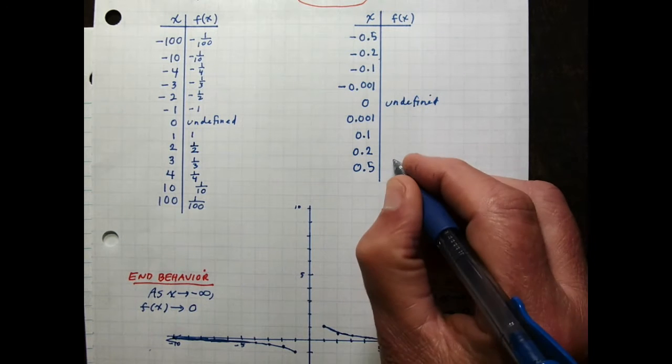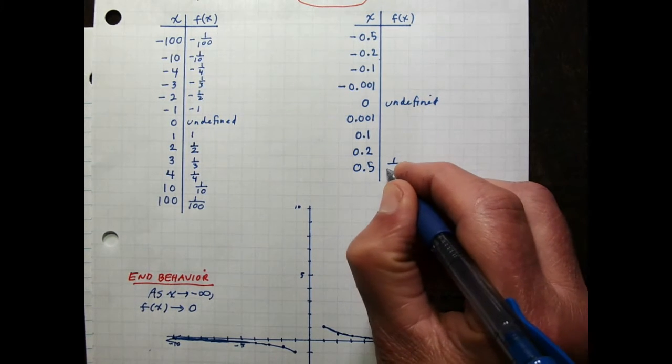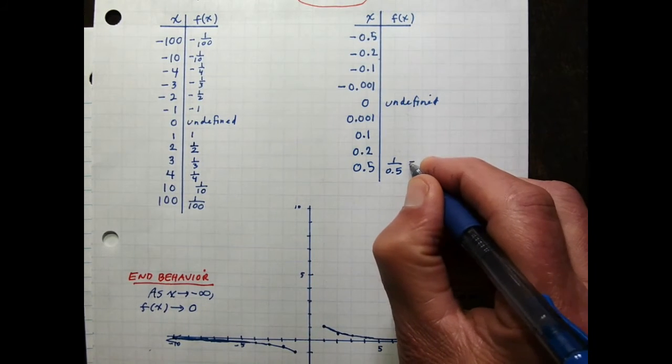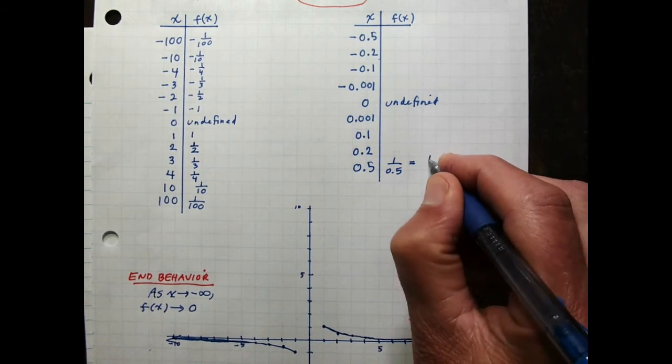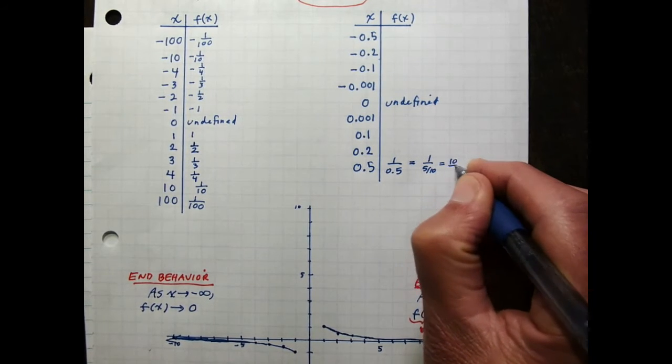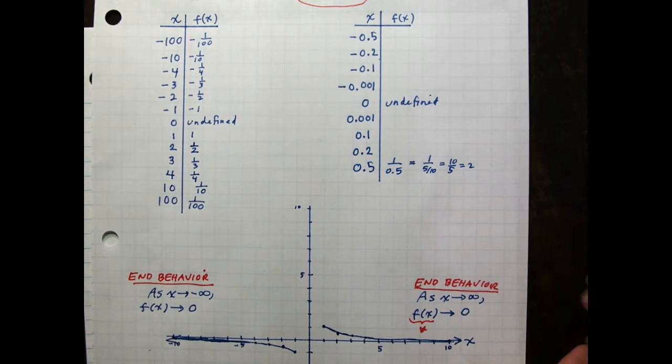So, 1 over 0.5, at 1/2. So that's 1 over 5/10, which is 10/5 or 2.